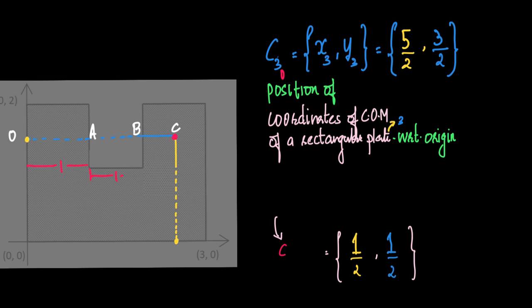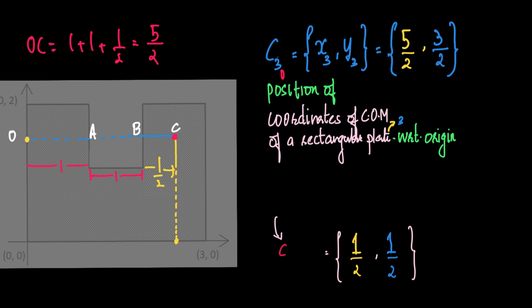AB again is equal to 1, which is given as well. How much is BC? BC should be the x coordinate of the center of mass of this figure, which is 1 by 2. Therefore, it becomes 1 plus 1 plus 1 by 2, so this complete distance OC is 2 plus 1 by 2, which is equal to 5 by 2. So the x coordinate here becomes 5 by 2.